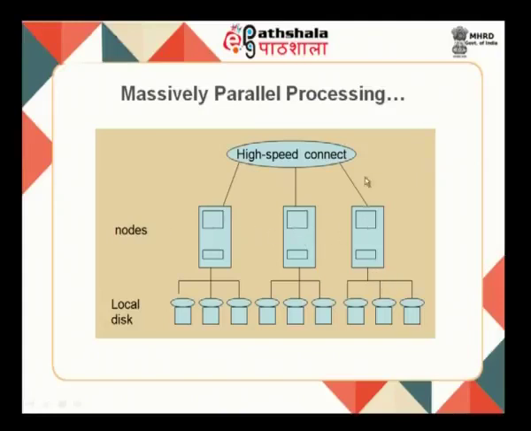All these nodes are connected to a high speed interconnect. From this diagram, we can understand that the disk associated with a node is specific only to that node, and the disk is not shared across the nodes. So, when a particular node does not have the data, it cannot depend on another node's data. That is why it is said to be a shared nothing environment.